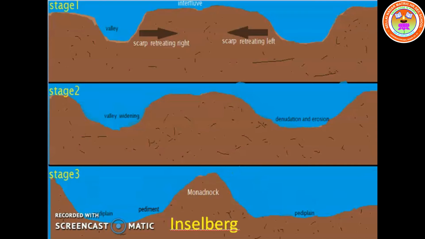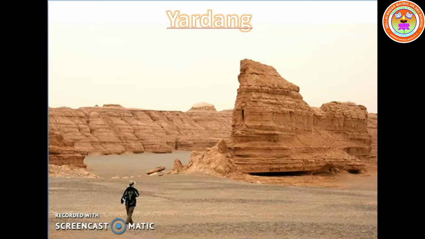Third one, Yardang. In arid regions, certain rocks have hard and soft layers arranged vertically. When wind blows over these rocks, the soft layers get eroded, leaving irregular crests.